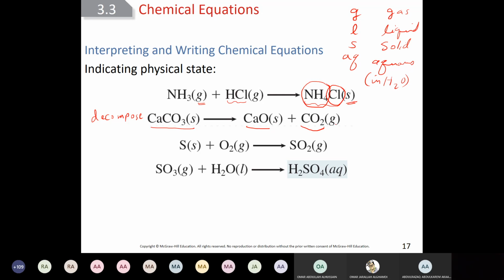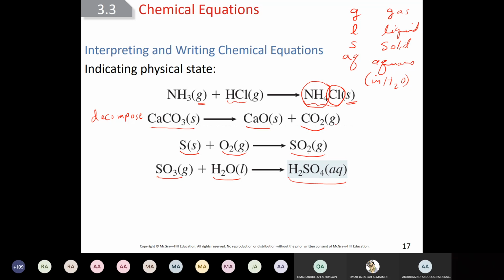Here, sulfur solid reacts with oxygen gas to give you sulfur dioxide gas. SO3, or sulfur trioxide gas, reacts with liquid water to give you H2SO4, which is sulfuric acid, in aqueous solution. You should know how to name these compounds.